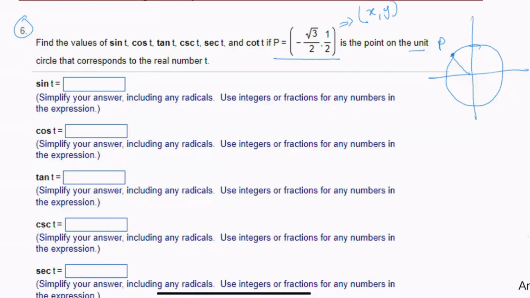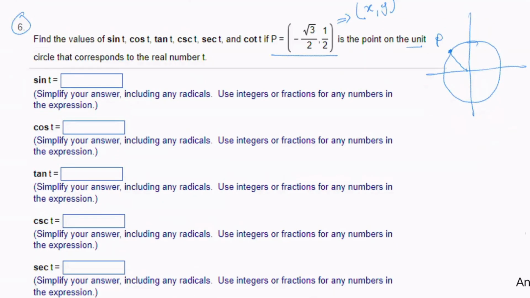So we know that x is cosine theta, where theta is t in our case, and y is sine theta. So sine t in this case is just the value of y, which is 1 over 2. Then cosine t is the value of x, which is negative root 3 over 2.